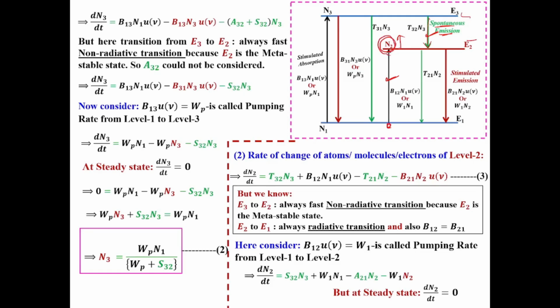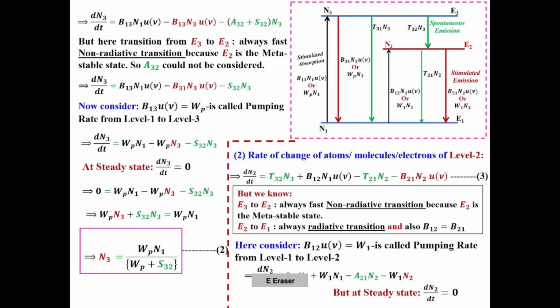So these two processes we can write as positive. But due to these transitions, N2 will decrease. So these processes will be written as negative values, right?